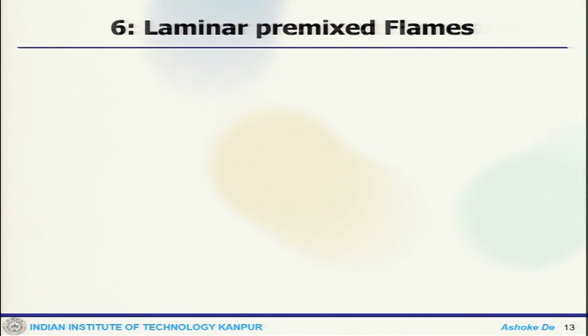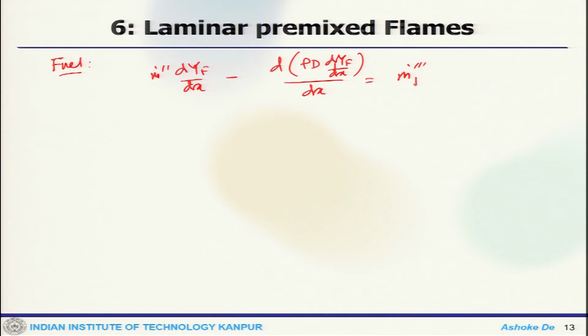Now, we can also write in terms of individual species, because now the individual species mass transfer equation, if we write, how it looks like for fuel, it would be d/dx of m dot Yf minus d/dx of rho D dYf/dx equals m dot triple dot f.